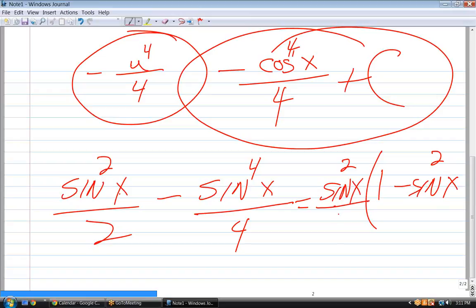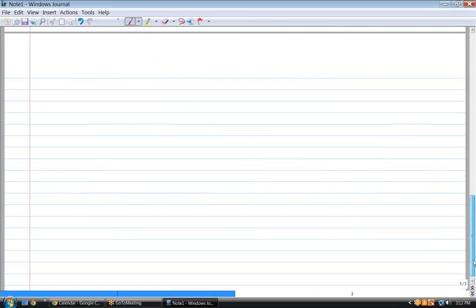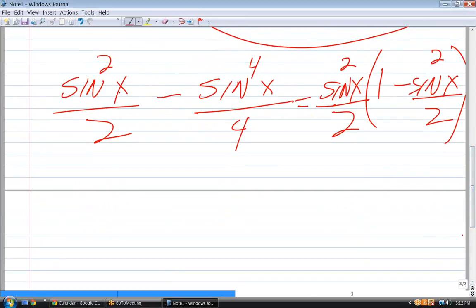And I'm going to take out a 2 also, so now I need a 2 under that. Well, 1 minus sine squared is cosine squared.